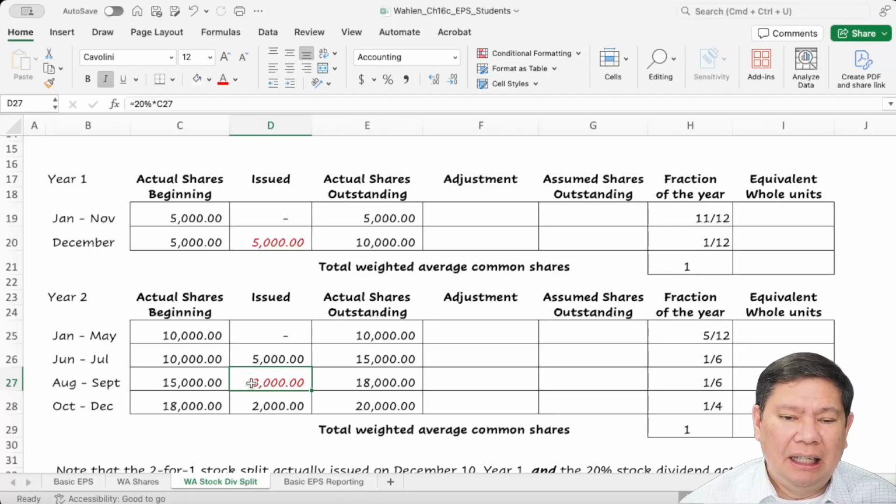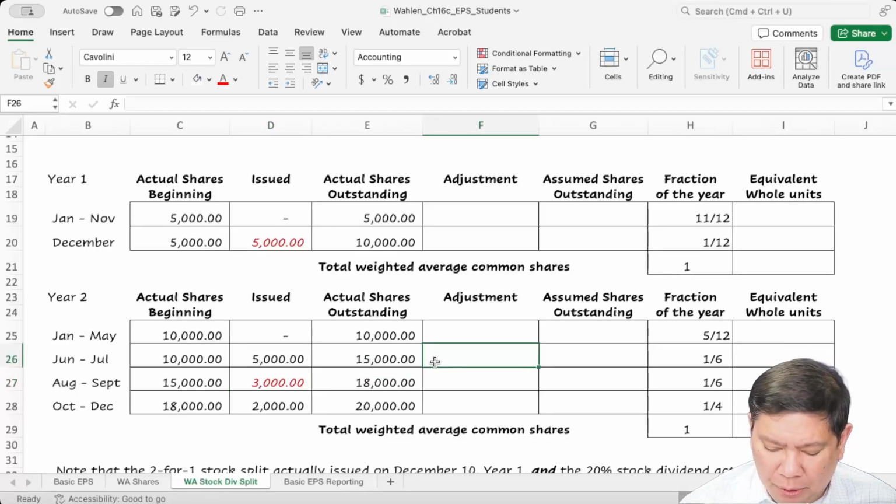In August, the company issued 20% additional shares because of the stock dividend. And then on December 10 of year 1, the company split its shares. For these 2 events, in order to be consistent, we have to assume all this happened at the beginning of January year 1. So anything that happened before the stock dividend will have to be multiplied by 1.2.